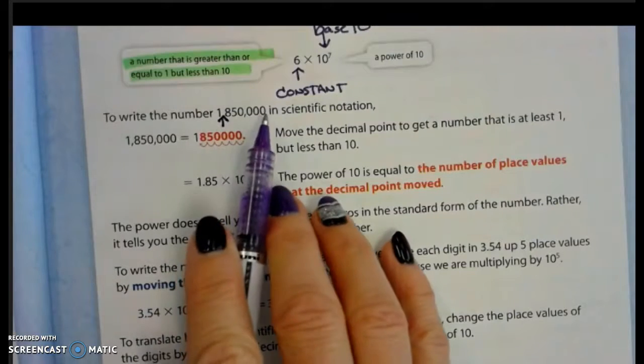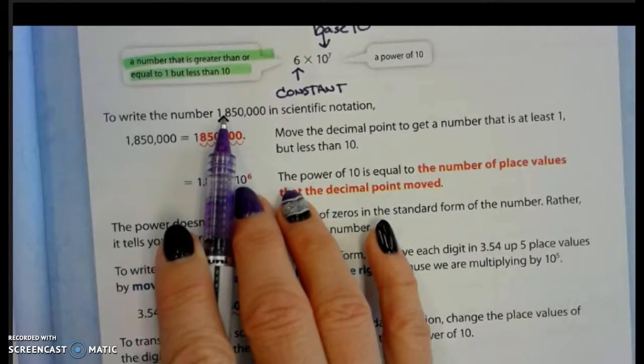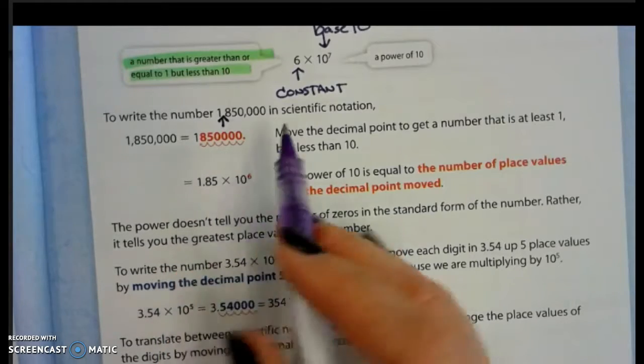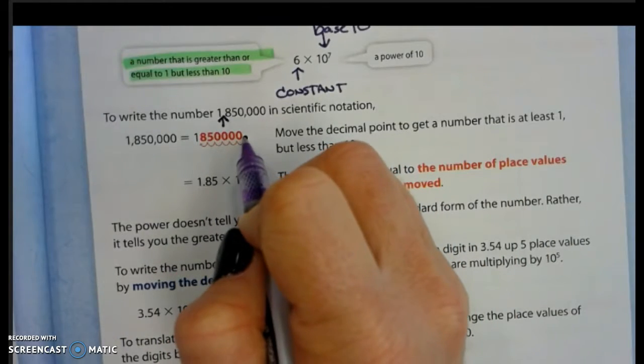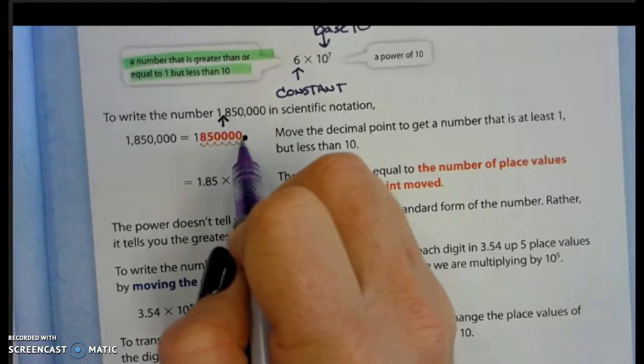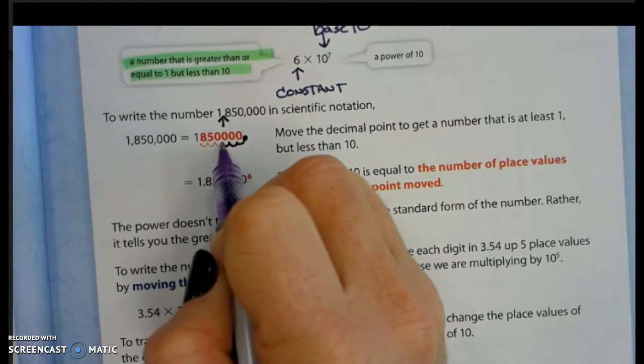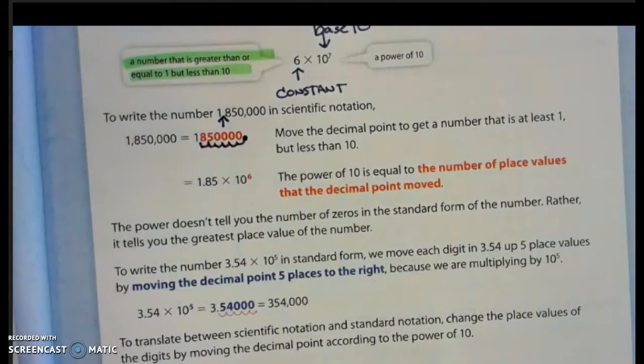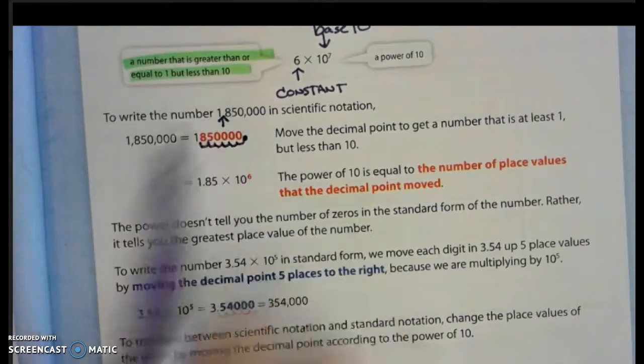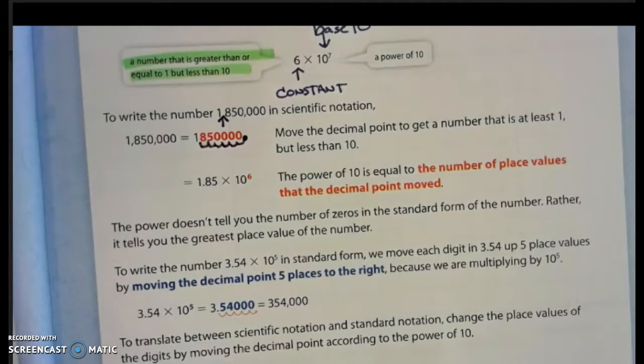And we have to account for all of these place values using the base 10, and they're going to show you that here. Original decimal is here, and we're going to move it 1, 2, 3, 4, 5, 6 decimal places to get it where we want it between the 1 and the 8.